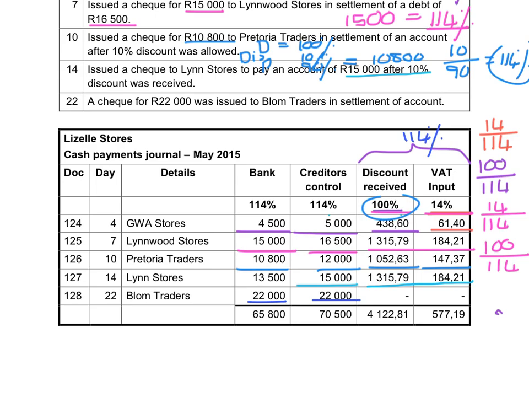So if you calculate the total discount, it equals 114% because it includes VAT, and then we have to split it and show how much is the discount, that's the income for the business, because income is not allowed to have VAT in it, and how much will be the VAT input.